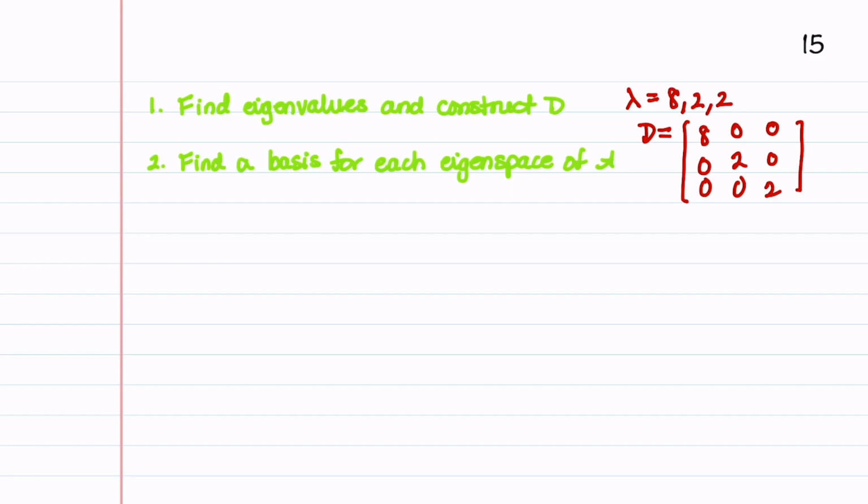Now we're going to find a basis for each eigenspace. I'm also not going to go through this in great depth because that was gone over in my video on eigenvalues and eigenvectors as well. So for lambda equal to 2, I'll just go over the procedure. We take A minus lambda I, augment it with 0, and put it in reduced echelon form.